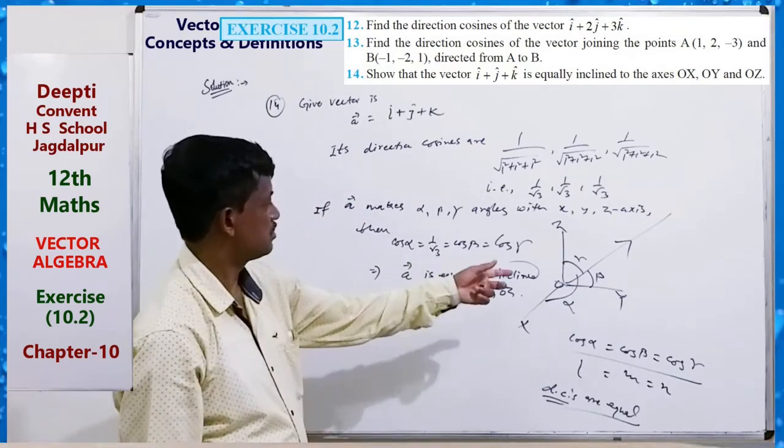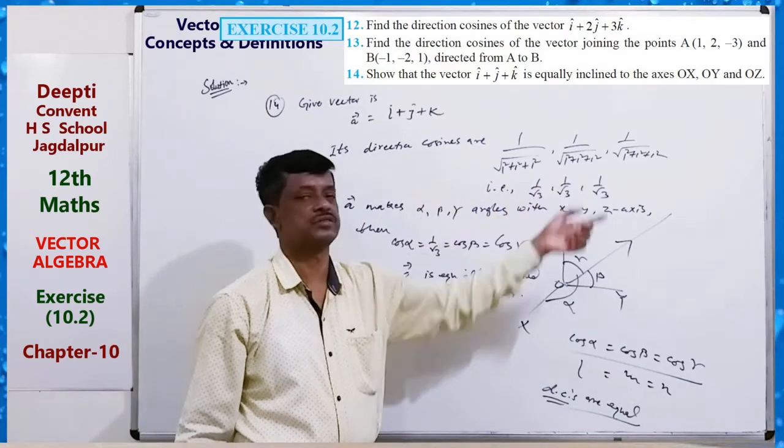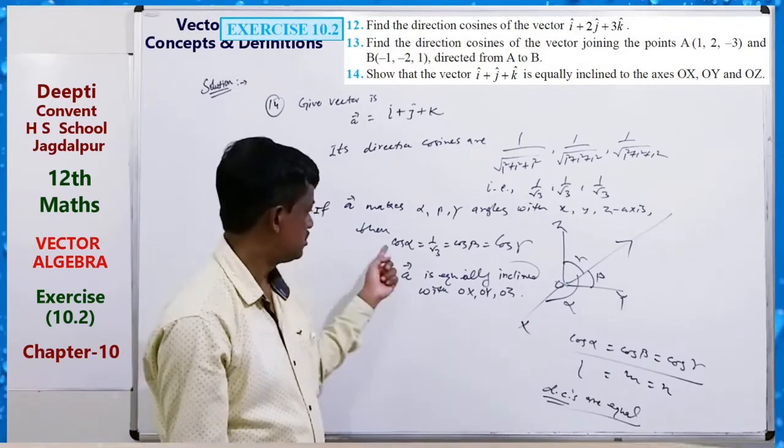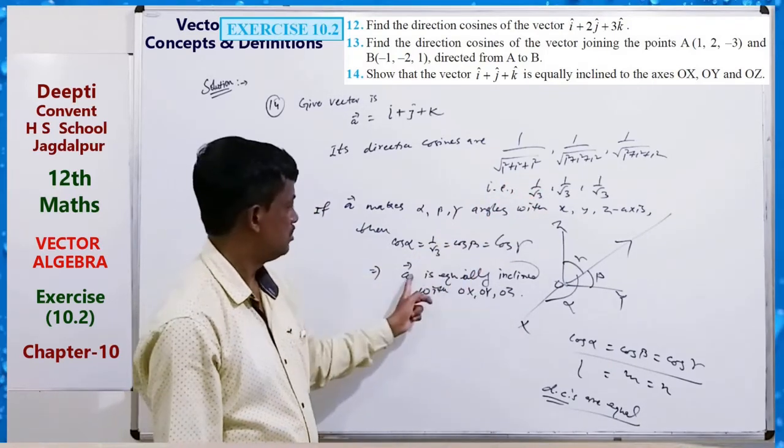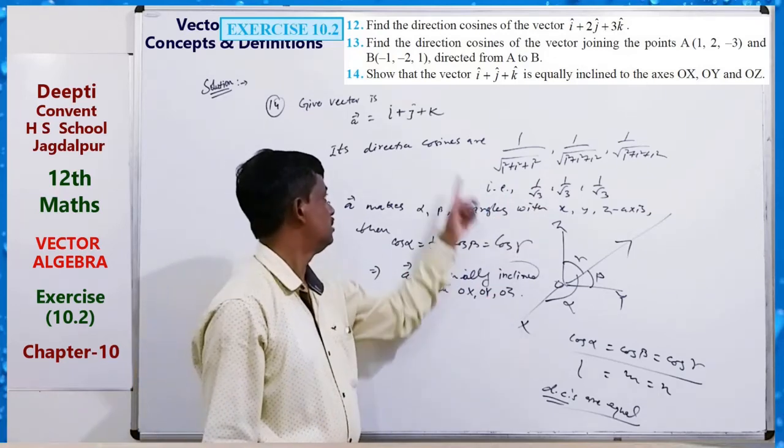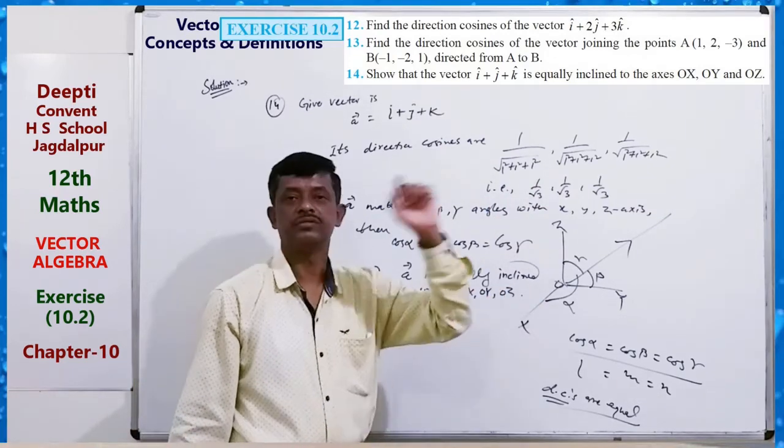All are equal to 1 by root 3, so A is equally inclined with Ox, Oy, Oz.